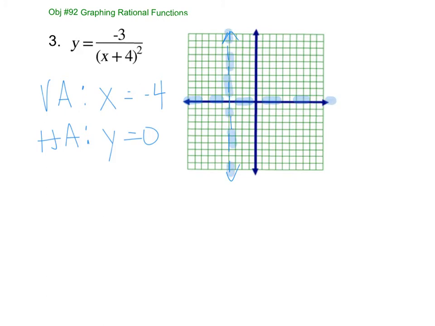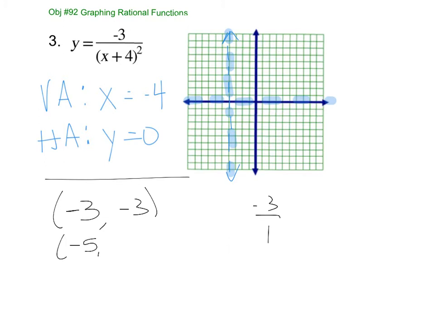Okay. So now we're going to plug in what will give me 1 on the bottom, -3 over 1. If I plug in -3, I get 1, which gives me -3. If I plug in -5, right? If I plug in -5, I also get -3 because -1 squared.